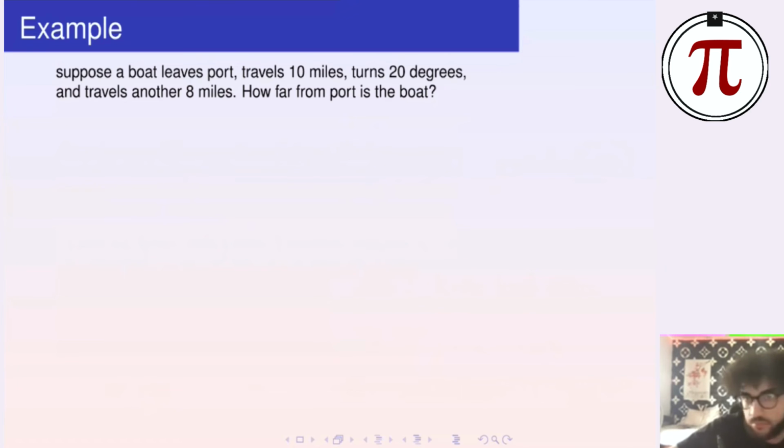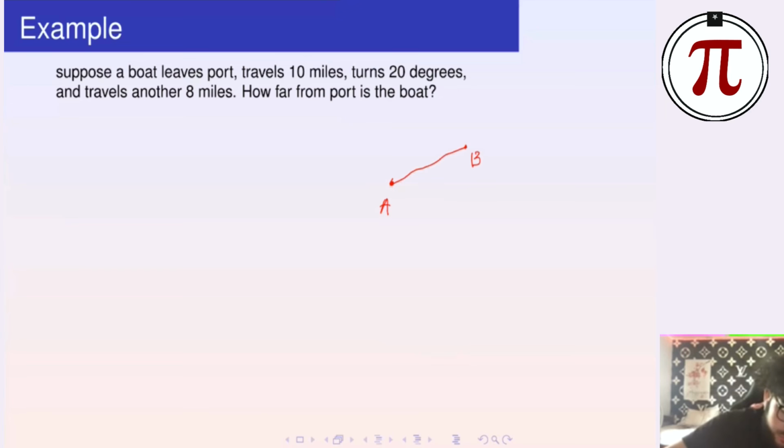So we have a port, say this is A. It travels 10 miles anywhere. Let's just draw it. This is 10 miles, to point B. Then it turns 20 degrees.